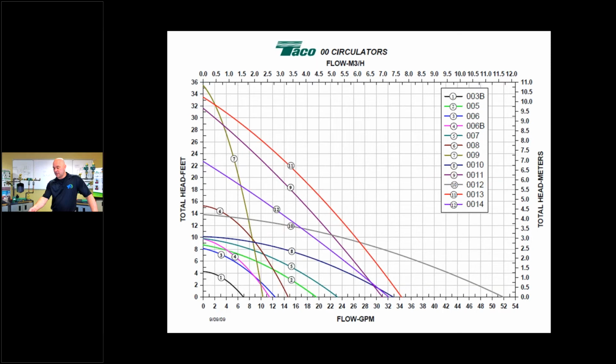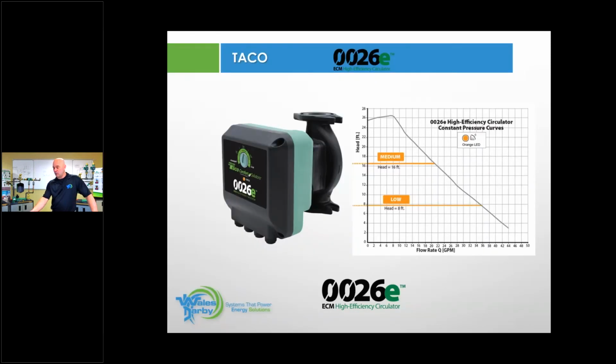So both circulators would be a 0010. Or if I want to do a more efficient circulator, if I go to 12 feet of head, out here to 12 GPM, I could use a 006 or 0026 E circulator, and I would put it on medium speed, and I would fall right in that category right there.